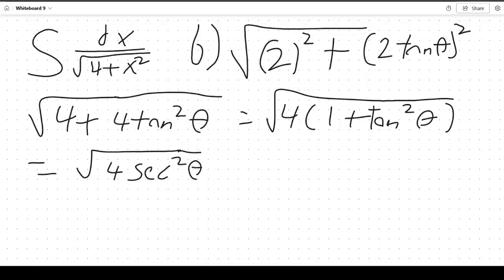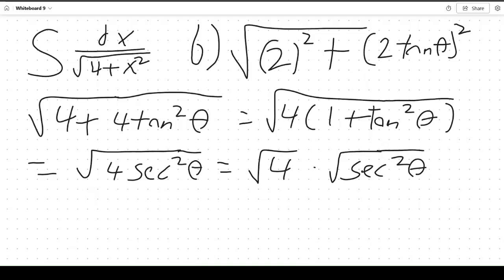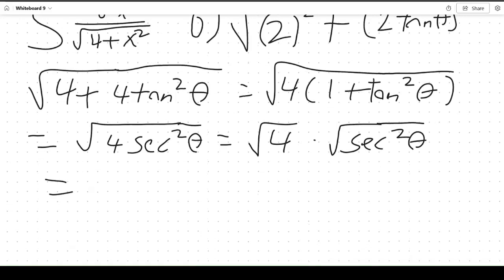And when we square root these, this will be 2, and the square root of secant squared is just secant, because we take out the square. So we are left with 2 secant theta.